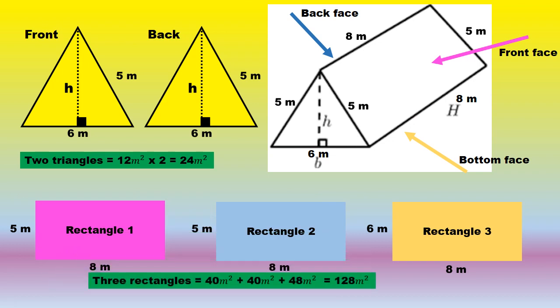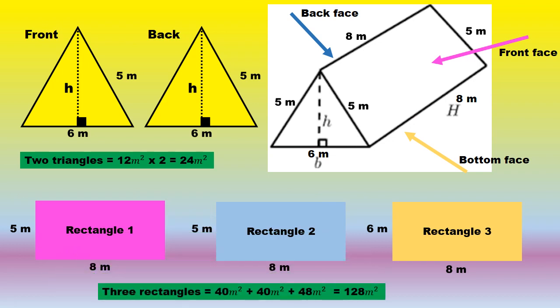Then, for the 3 rectangles, I did it quite quickly because I think you are in grade 9 already. You can work it out quickly, or you can see where I'm going with all of this. So 8 times 5 is 40. Length times breadth, 8 times 5 for rectangle 2 is also 40, and 8 times 6 is 48 for rectangle 3. And you add all 3 rectangles together, and that gives you 128 meters squared.